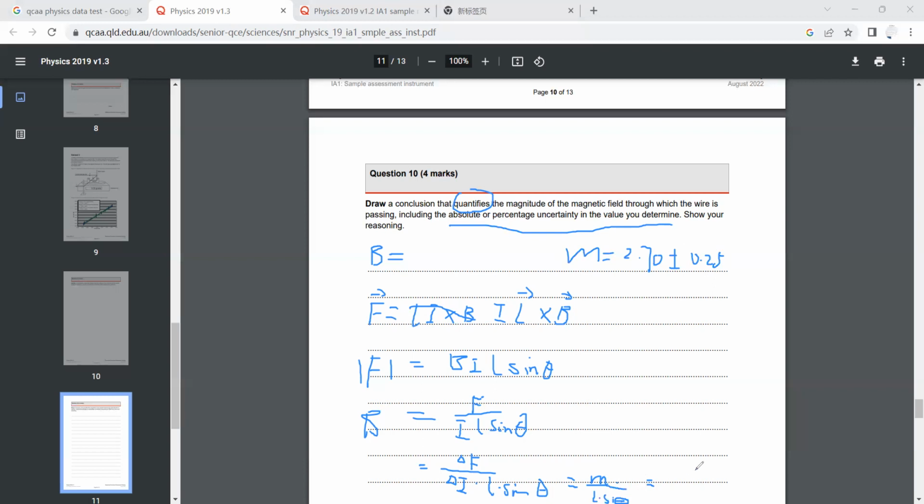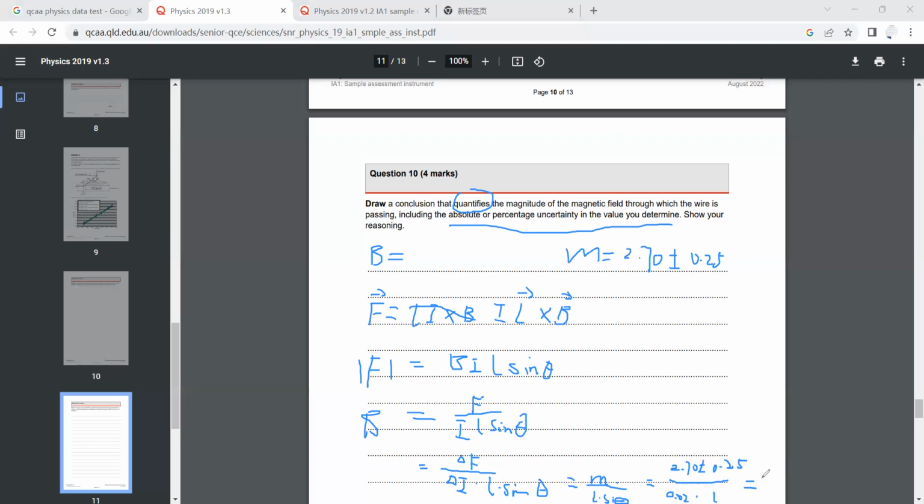Therefore here we can substitute this M in. So 2.70 plus minus 0.25, L is 0.02 and sine theta is 1.